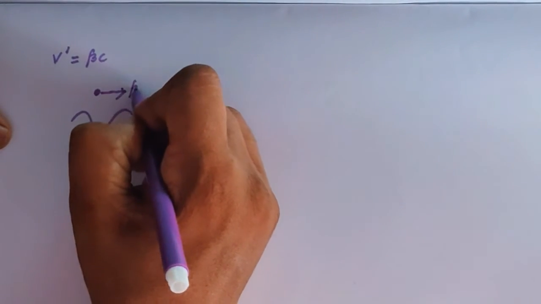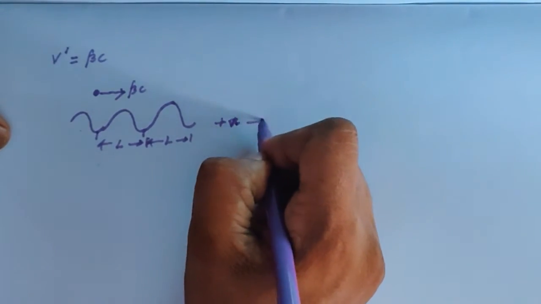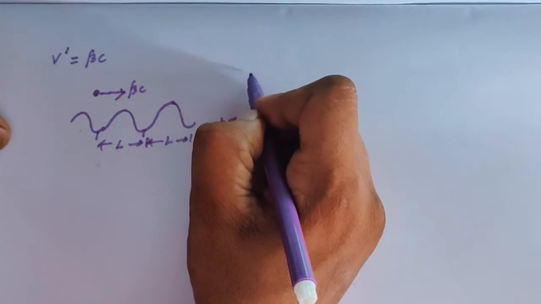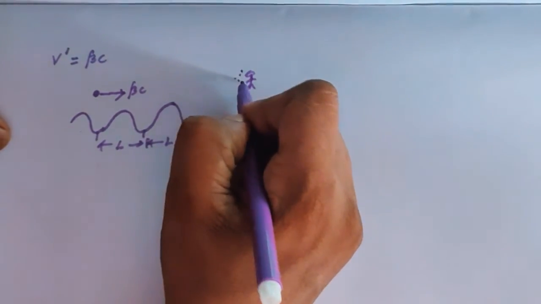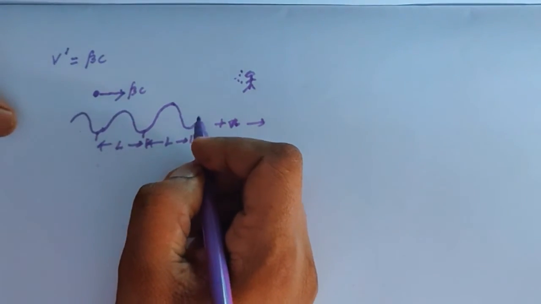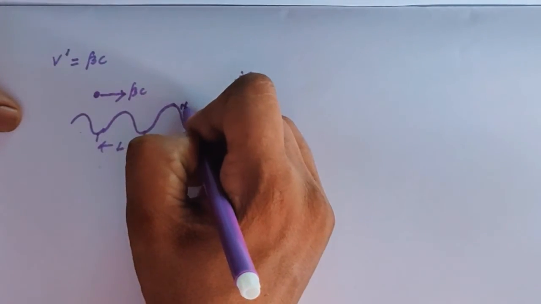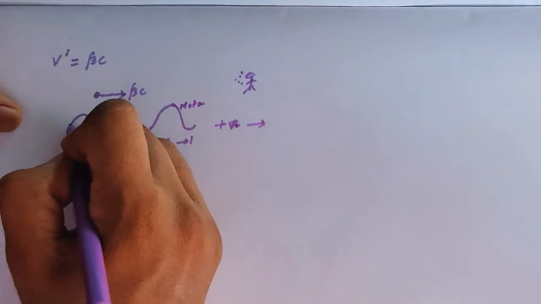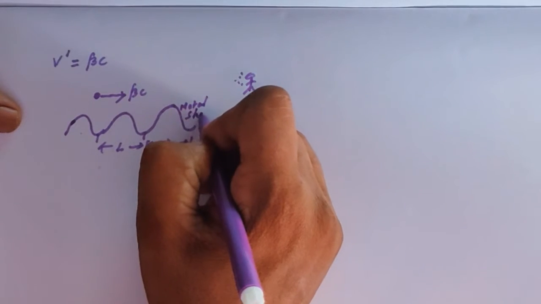It's beta c towards a positive x-axis. This is a positive x-axis direction. Here the observer is looking at the point charge movement. That means it is moving towards the observer. This is a metal sheet. This variation in the surface of the metal sheet is given like that.